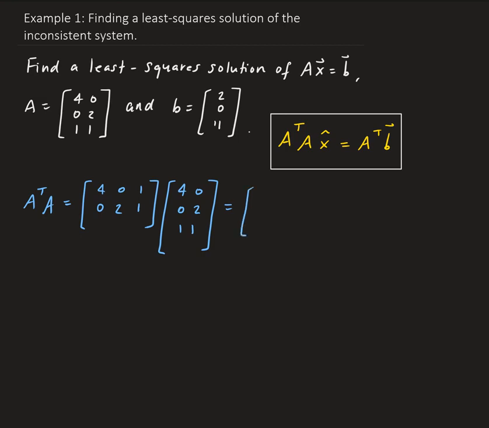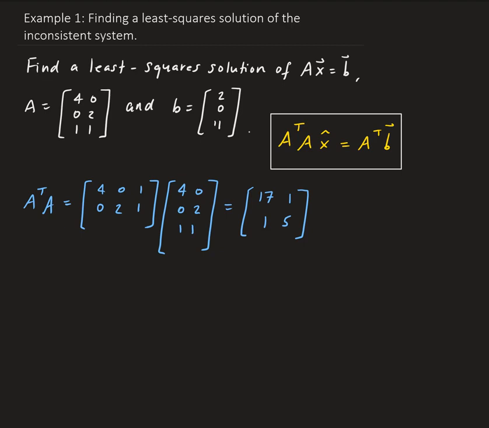So we get 4 times 4, 16, plus 1, that gives us 17. Then 4 times 0 is 0, plus 1. And then 0 plus 2, or I'm sorry, plus 1. And then 0, 4, and 1, so it's going to give us 5 here.